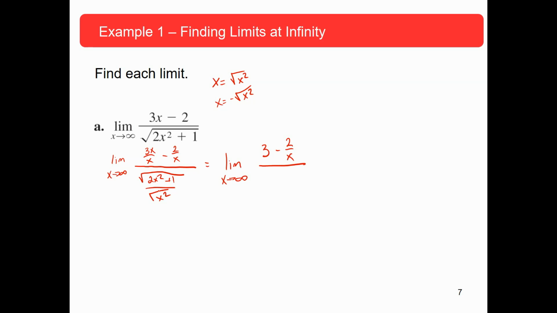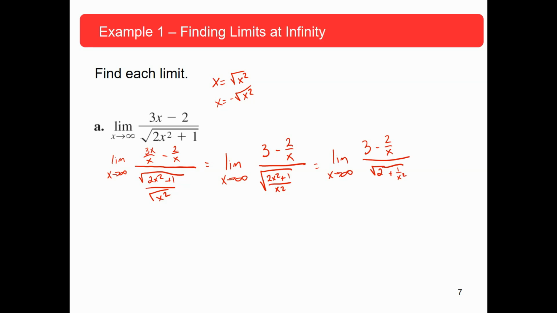We can rewrite this as one simple radical, 2x squared plus 1 over x squared. We're going to separate that and say that this is 3 minus 2 over x over square root of 2 plus 1 over x squared.